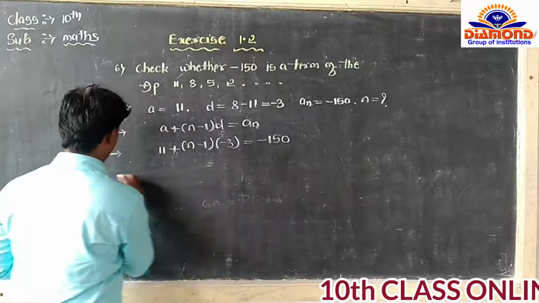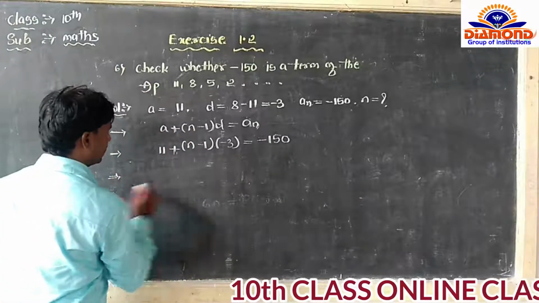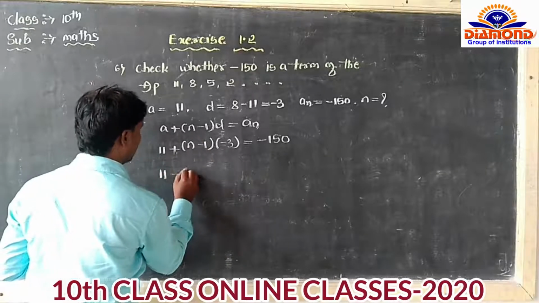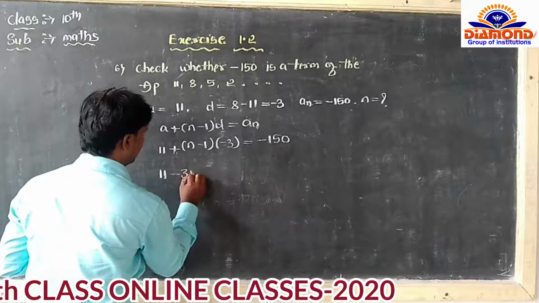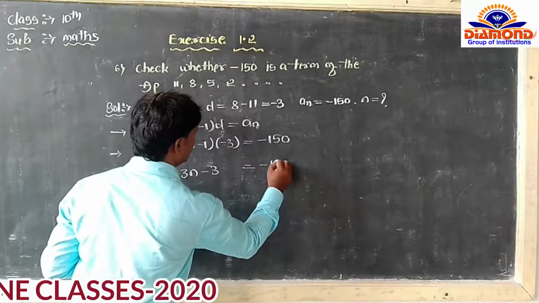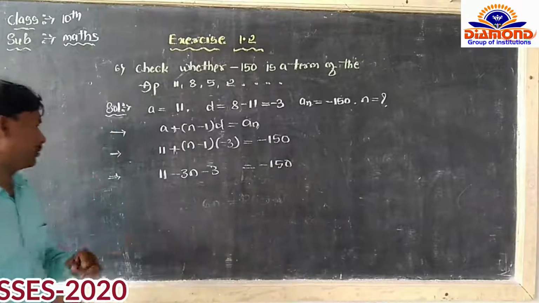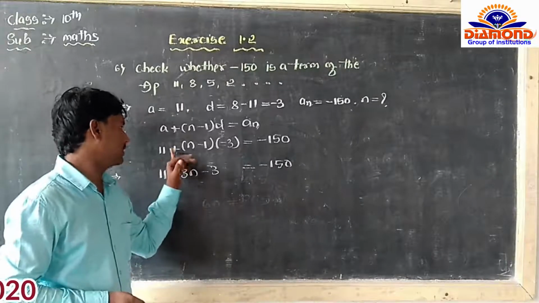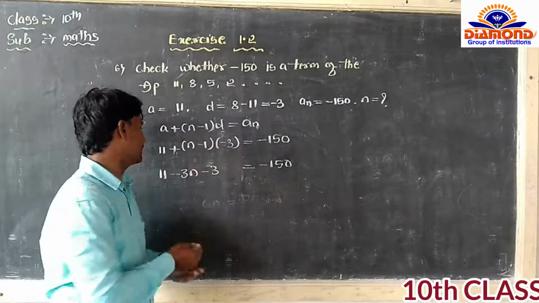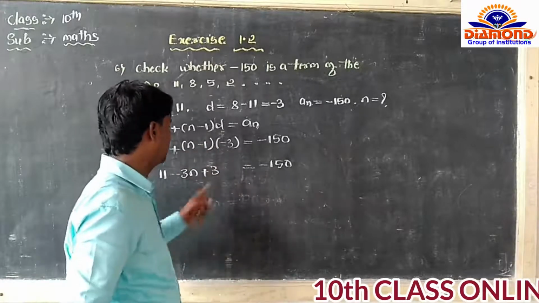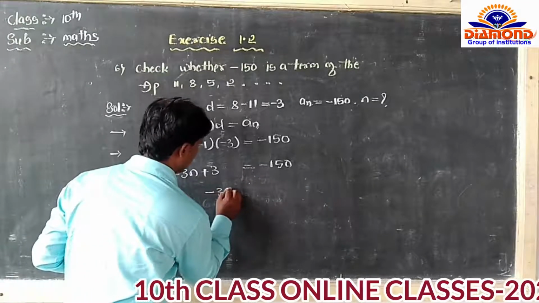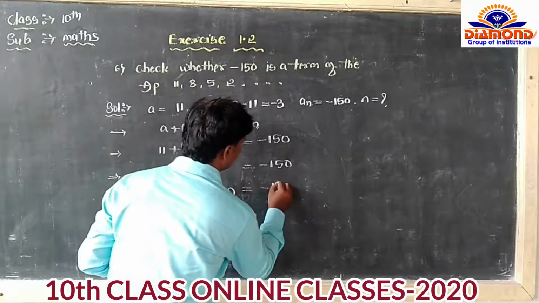Next step, 11 as it is, plus into minus 3n and minus 3 is equal to minus 150. Listen carefully, look at the board here, students. 11 I wrote as it is, plus into minus 3 into n equals minus 3n, minus into minus is equal to plus 3, equal to minus 150. Now I am writing here minus 3n is equal to minus 150.